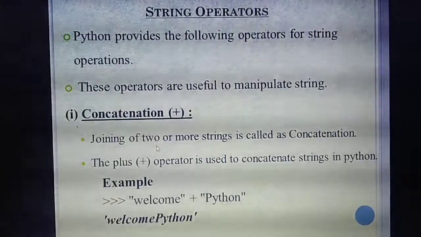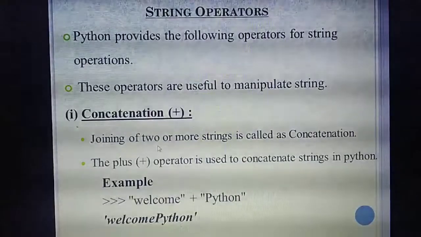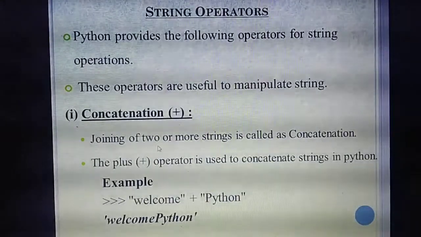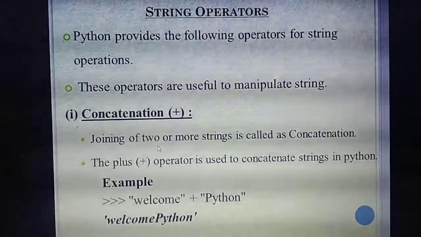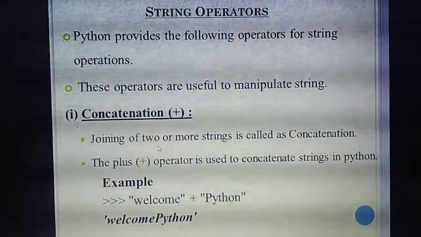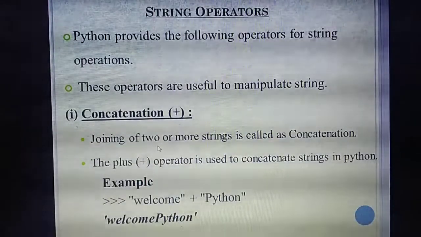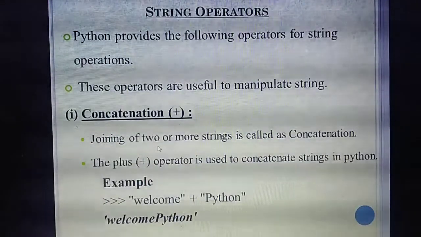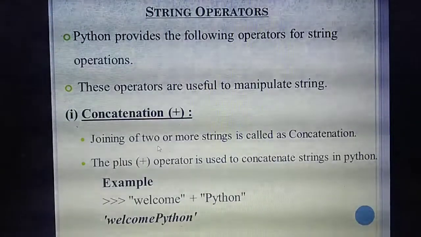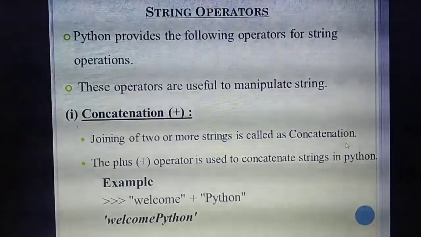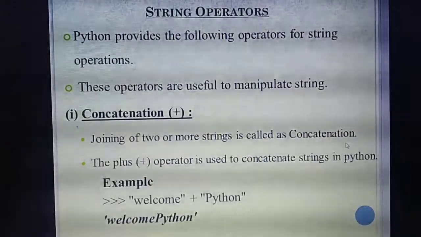What do you mean by concatenation? Joining of two or more strings. You need to join three words or four words or two words, using some operator. That process we call concatenation.